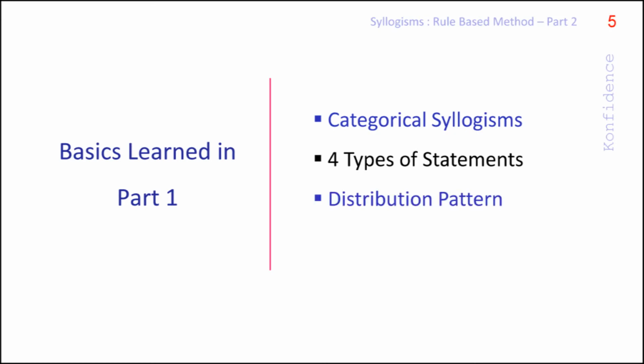We also learned about how the distribution of subject and predicate vary depending on this classification. And finally, we glanced through the 8 rules without discussing them in detail. Now let us understand the rules clearly and learn to apply them on syllogism questions.